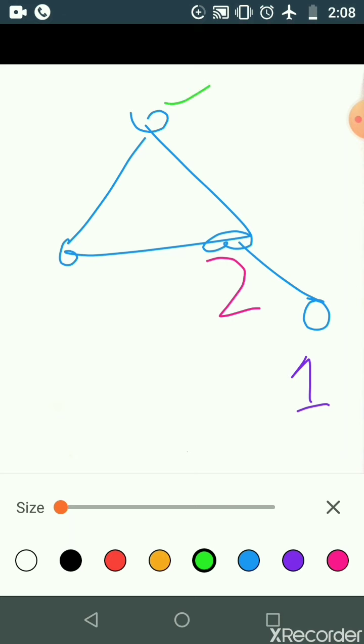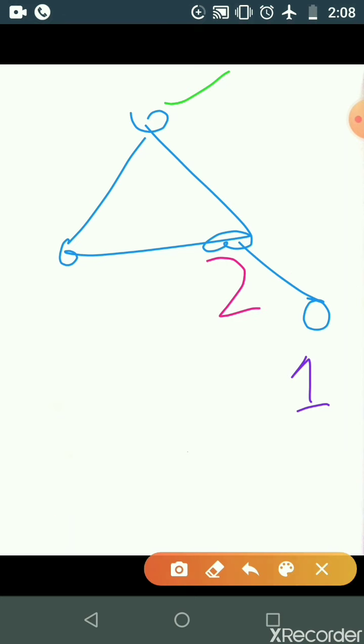This vertex is adjacent with this vertex, that's why I can't use color number 2 to color this vertex. I have to use color number 3, because this is adjacent to 2. But you can also use color number 1 because this is not adjacent with 1. This is only adjacent with a vertex which has color number 2. So you can use 1 or you can use 3, that's up to you.